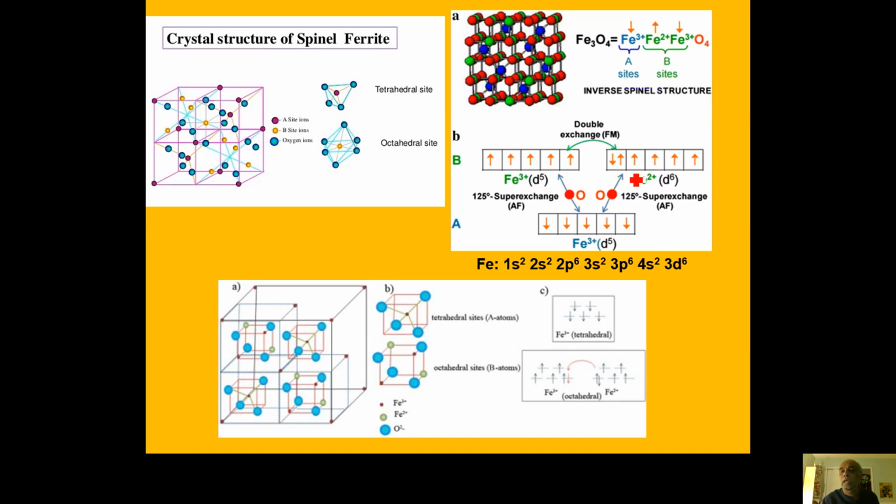They can interact through this oxygen atom. That's what we call the superexchange interaction. So that's how you get this ferrimagnetic effect. Here you can see how they are interacting: the direct exchange, and also the interaction through the oxygen atom, superexchange.